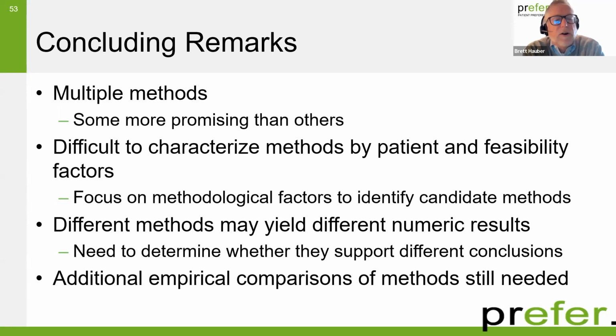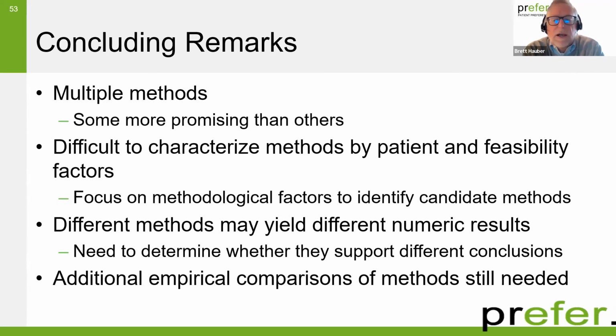It's very often very difficult to characterize methods by the patient and feasibility factors because there are so many issues that go into the conduct of a study that can make it very difficult to generalize as to which methods are going to be cheaper or faster or easier.